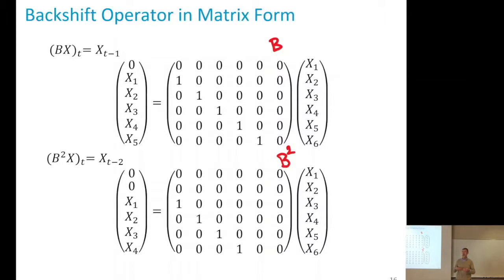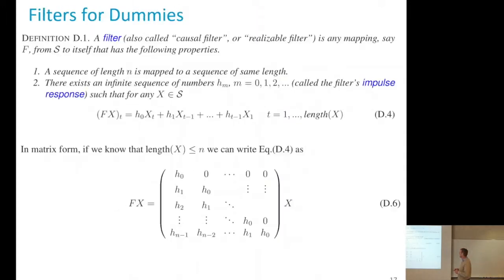If we take an infinite series of B's, whenever we instantiate over filters of a given length, it's only the powers of B that are below some level that are non-zero. It's called a nilpotent matrix, and this is why we don't have to worry about convergence, what it means to have an infinite series. So there is an apparent paradox that the filters are often given by an infinite impulse response, as we will discuss in a minute, but in fact, we never deal with infinite things in this simple setting here.